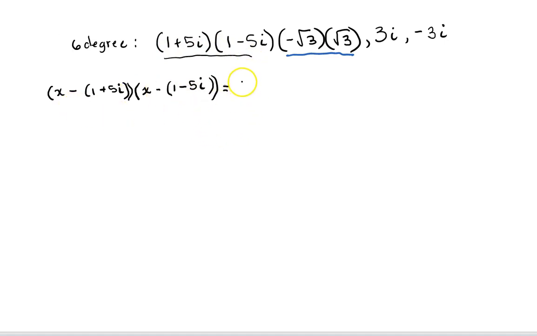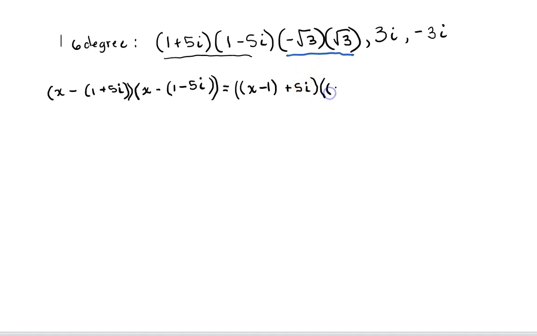So here I'm going to rewrite this. I'm going to have x minus 1, and I've moved my parentheses from the 1 plus 5i to be the x minus 1, and then plus 5i. Again, I'm allowed to do this because of the associative property. I'm not changing any of the terms. All I'm doing is changing what is grouped together.